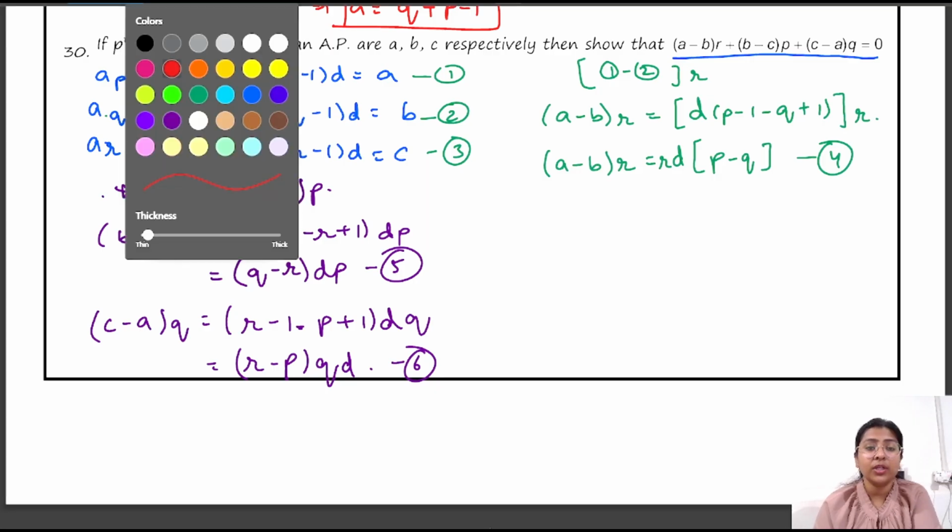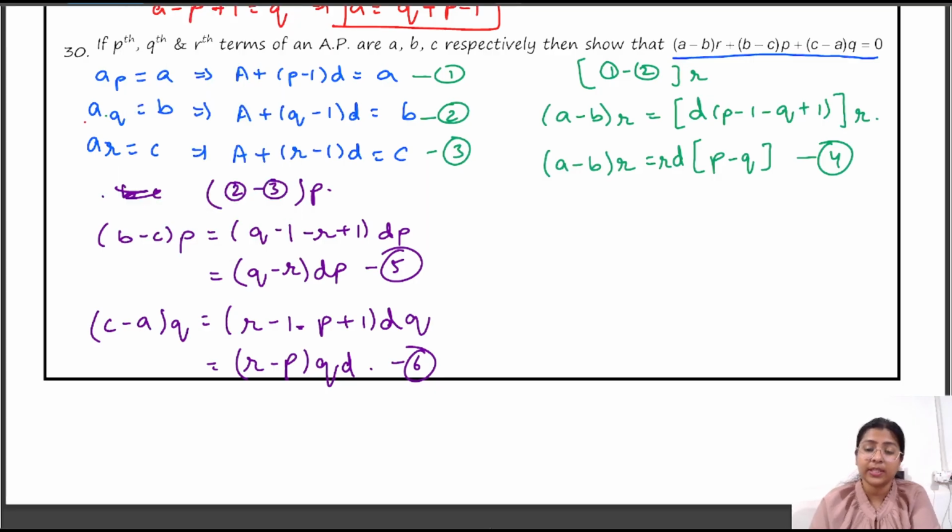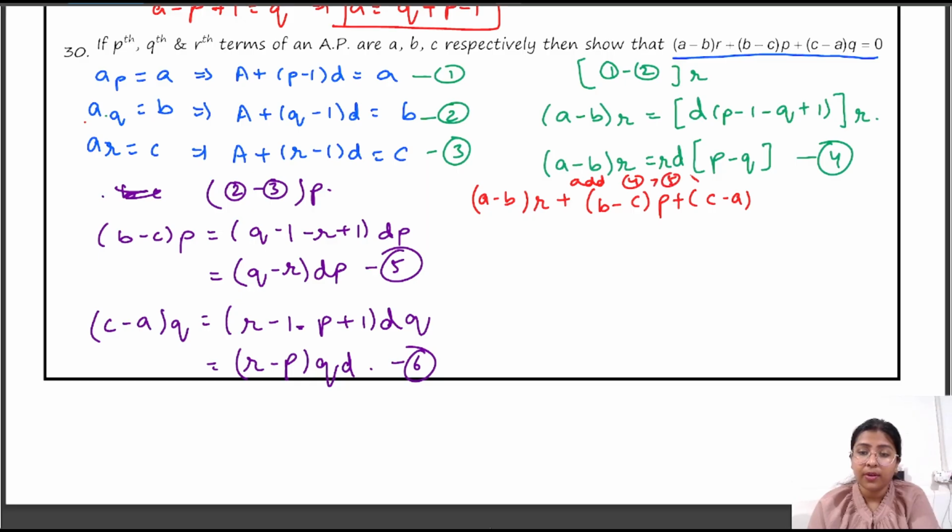Add equation 4, 5 and 6. You will get A minus B into R plus, we know the LHS is added to the LHS and RHS is added to the RHS. So in LHS we are adding these, add 4, 5 and 6.